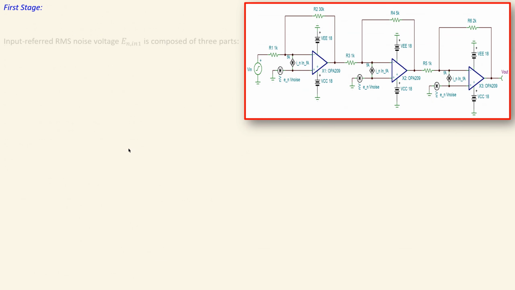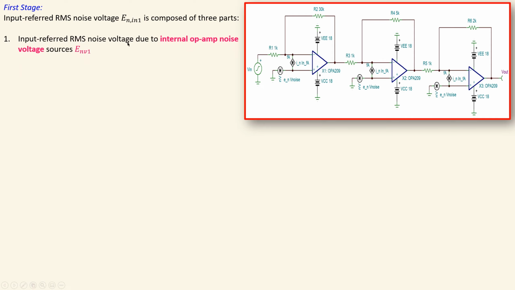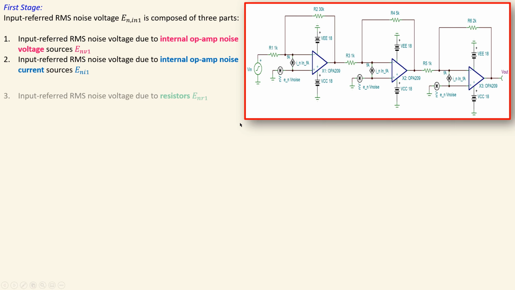Let's look at the first stage first. The input referred RMS noise voltage for the first stage is composed of three parts. It is the input referred RMS noise voltage due to the internal op-amp noise voltage source, that's this one, due to the model. Also the contribution by the noise current source of the op-amp. And you have of course the thermal noise due to the resistors.